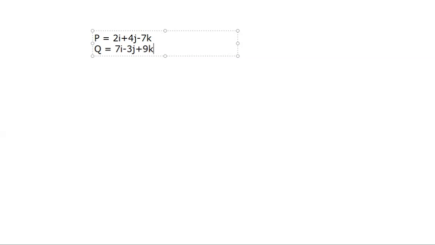If these two vectors are given and you are asked to find out the resultant, the sum of these two vectors, what is the sum of these two vectors?